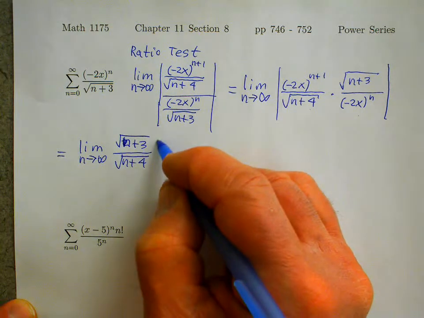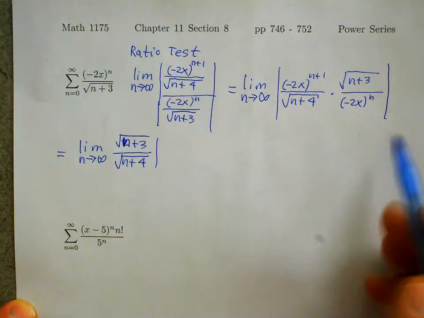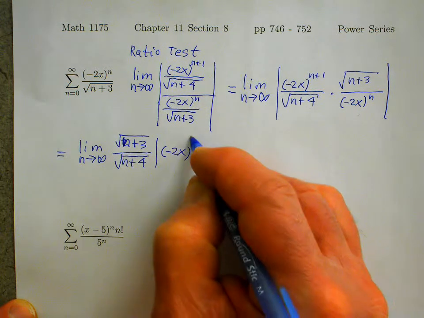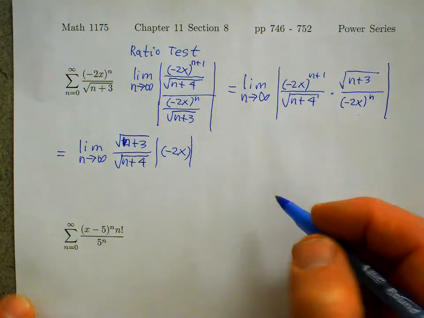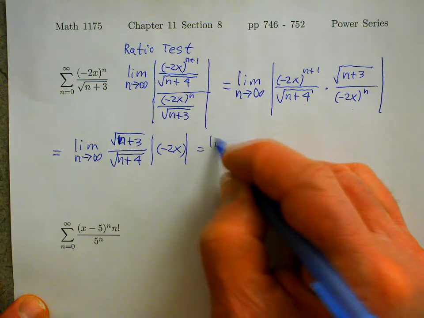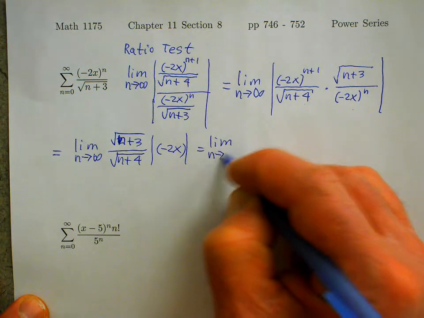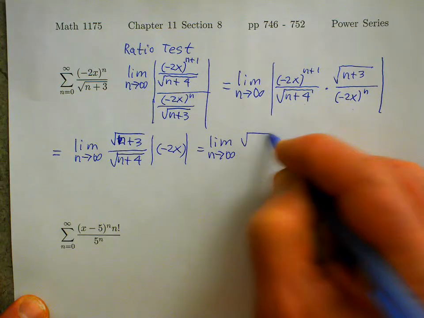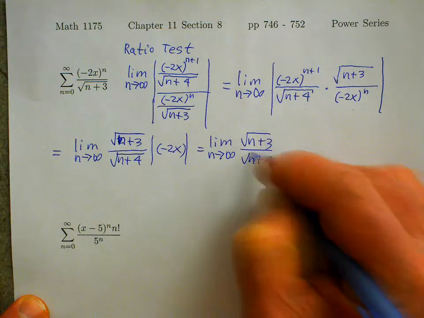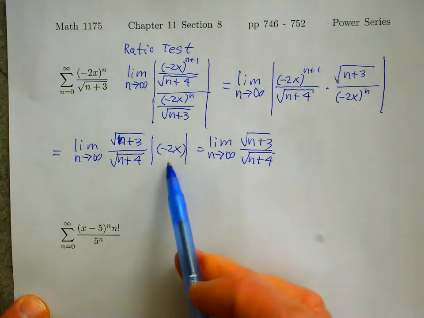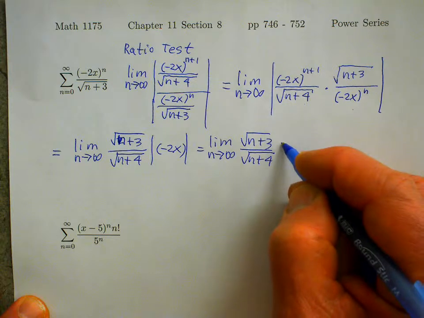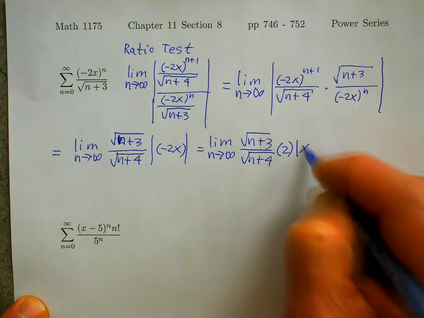And then we have the absolute value of negative 2x, or just the absolute value of 2 times the absolute value of x.